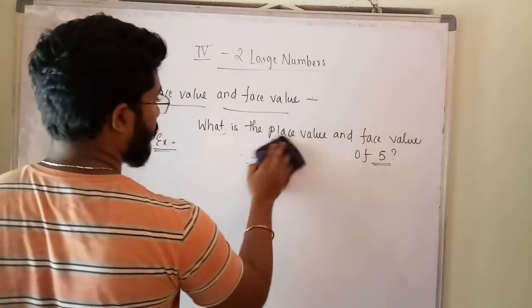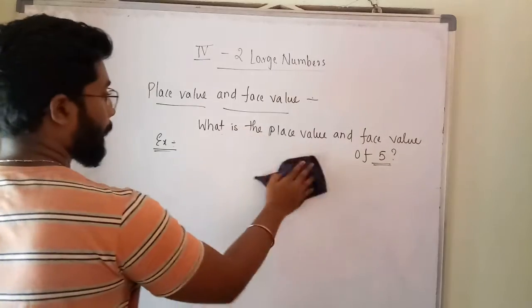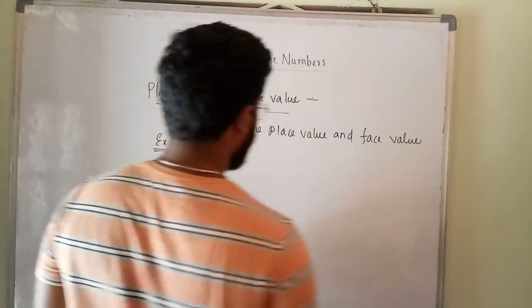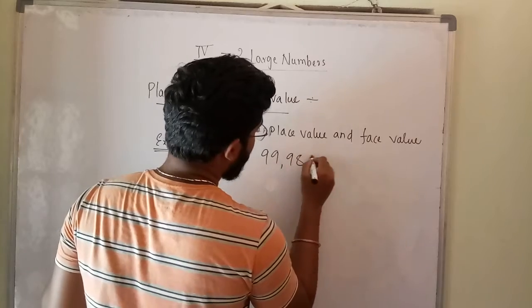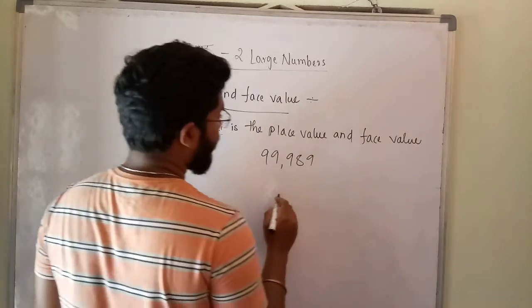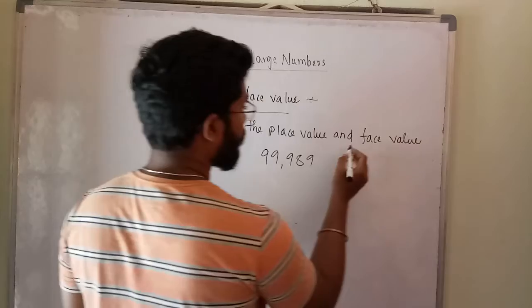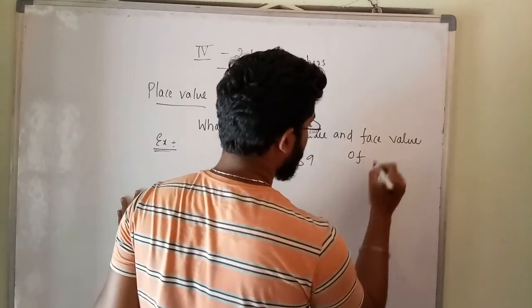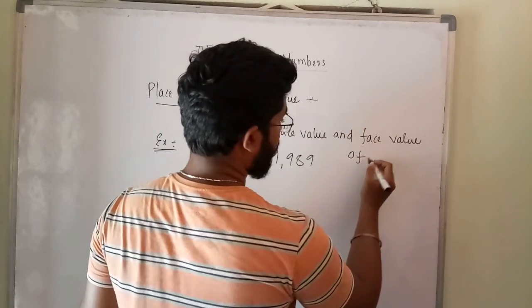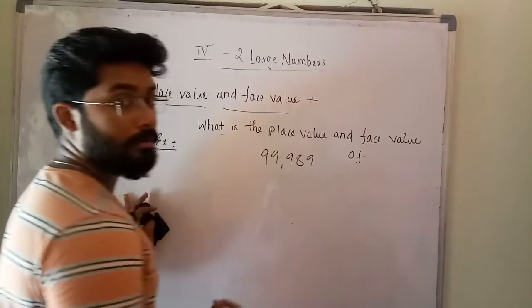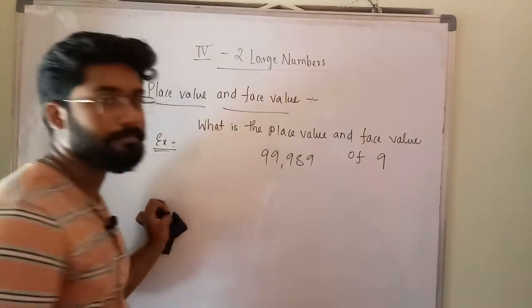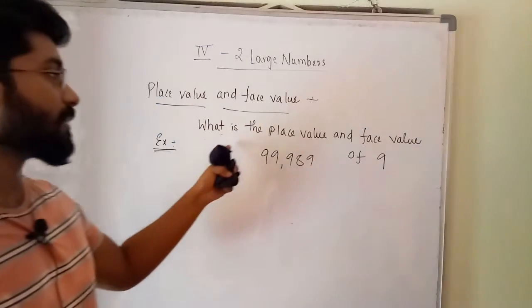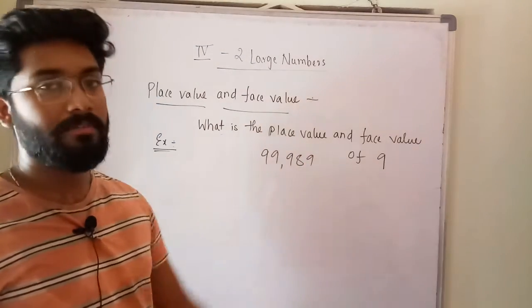So one more number I will give you. Here 99,989 is there. Here I am asking what is the place value and face value of 9.